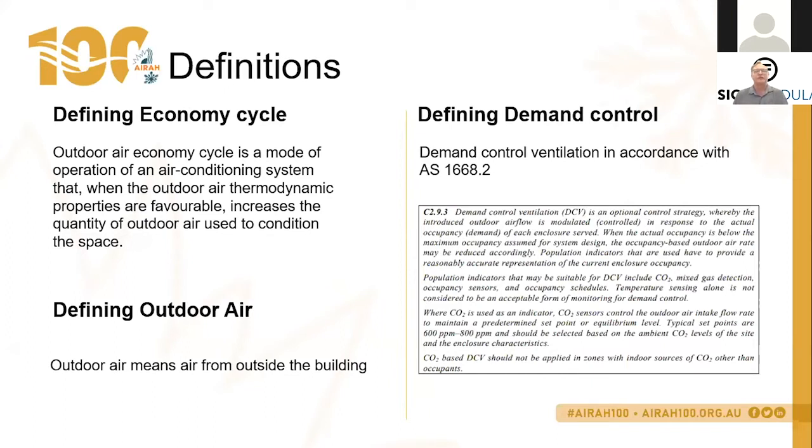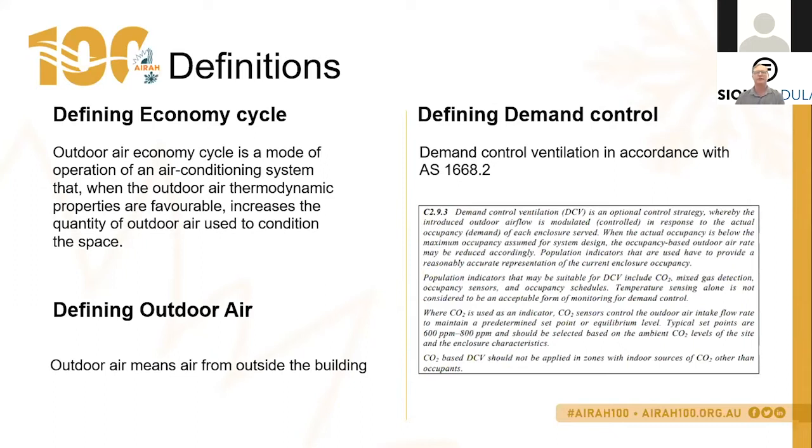Demand control ventilation is a way of making the system control to the occupancy levels. The occupants in the building will release CO2, and this will be a measure of how many people are in the building and how much outside air you need.